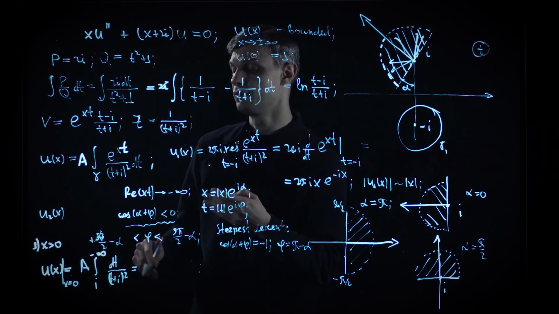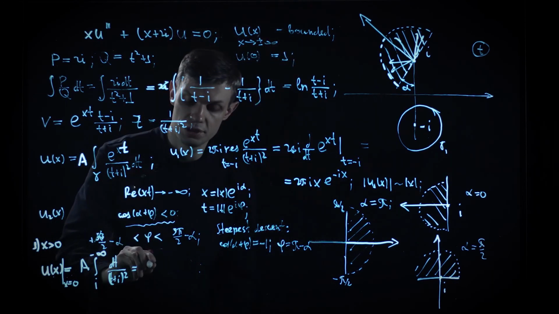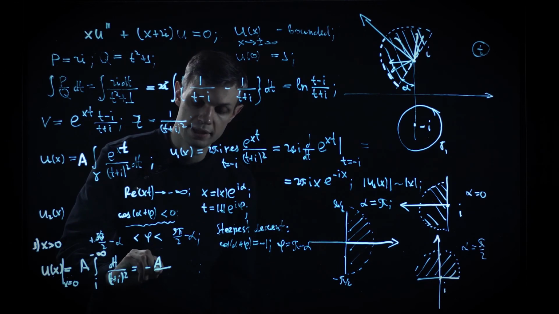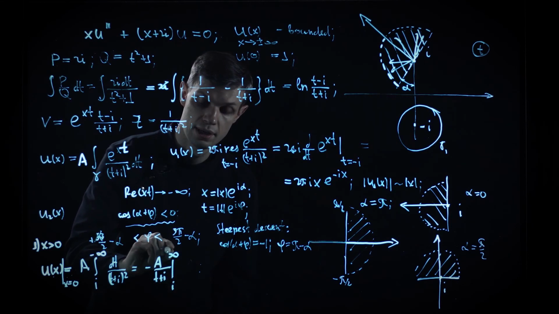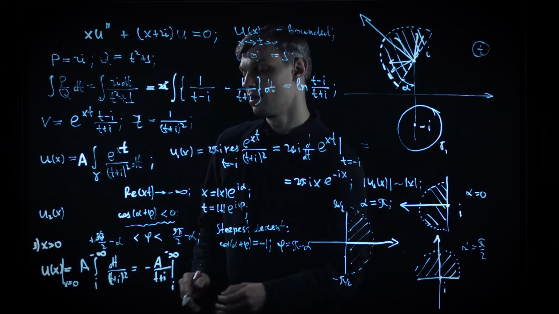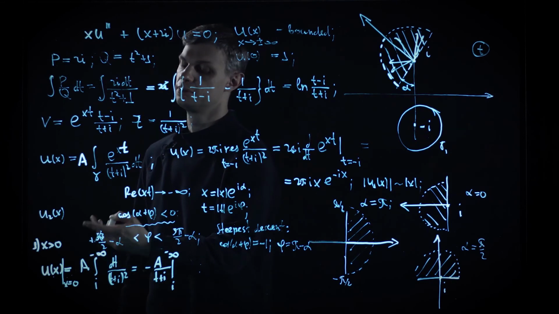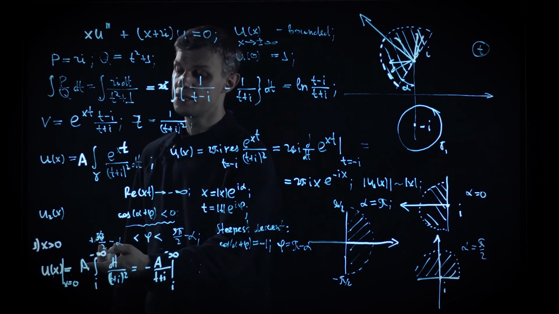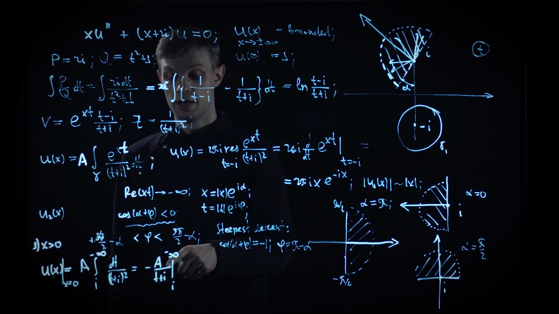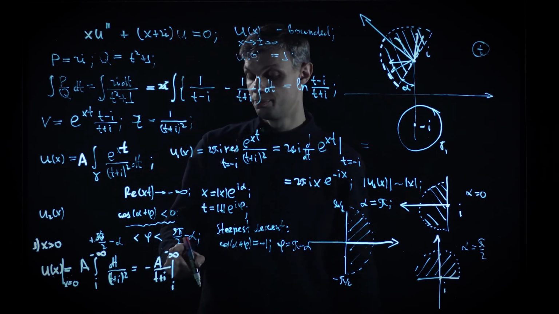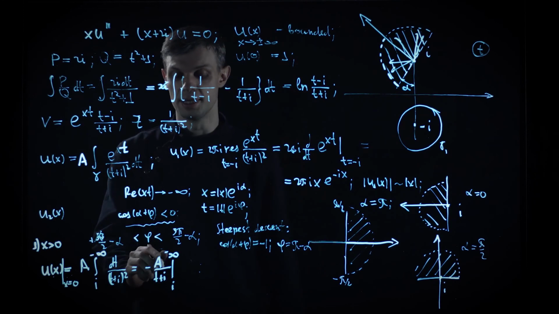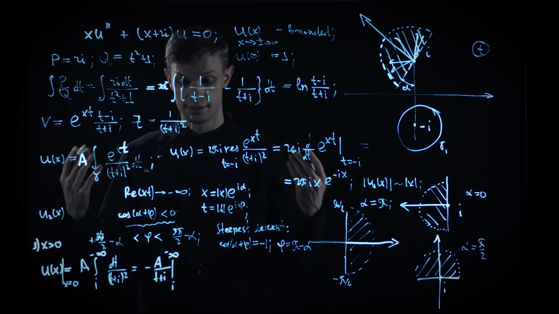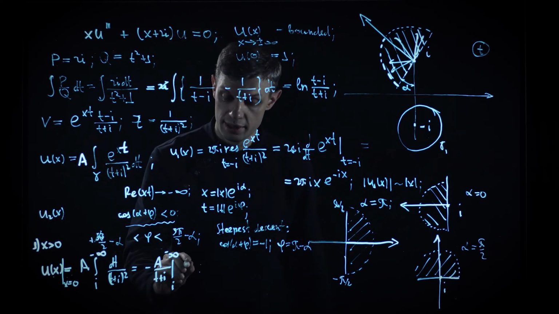It's an elementary integral with a very simple antiderivative, which is minus 1 over t plus I. And now we understand why our normalization constant doesn't depend on the value of x, because this function at plus or minus infinity, I mean 1 over t plus I, behaves identically. It's just 0.